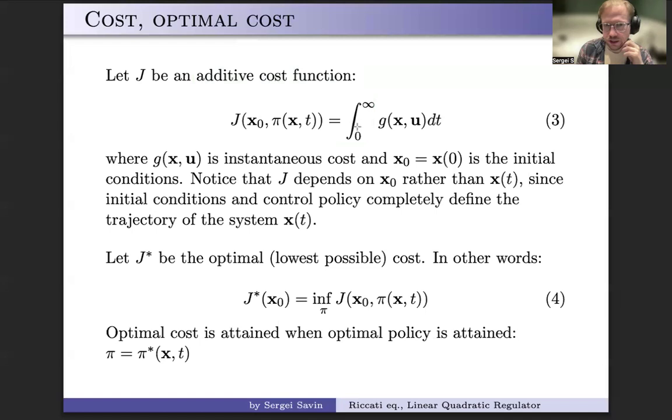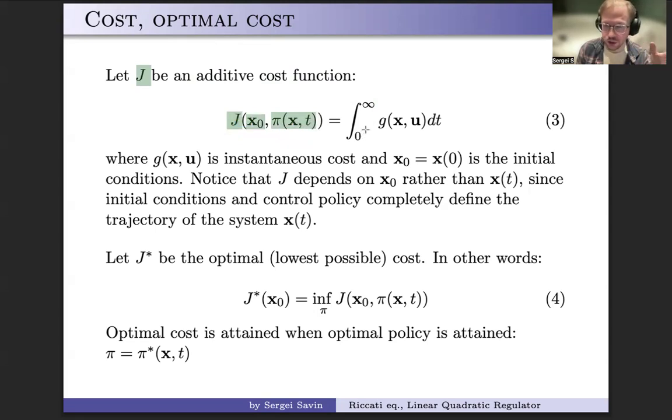All right. Now, the way I describe it is this additive cost function J is like this. So J is a function of initial conditions and control law.